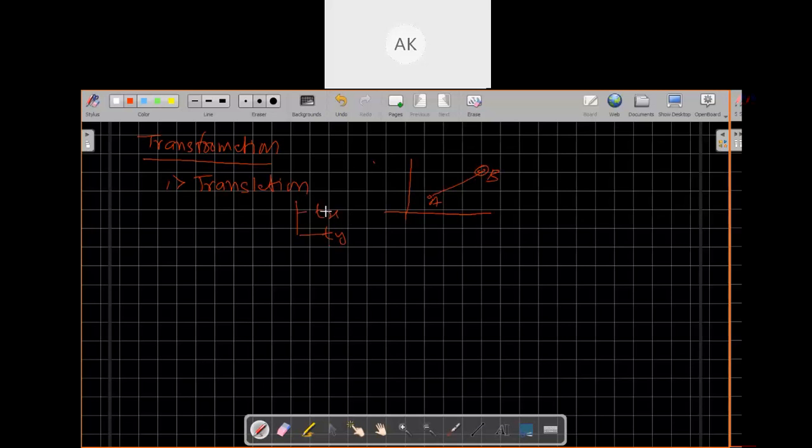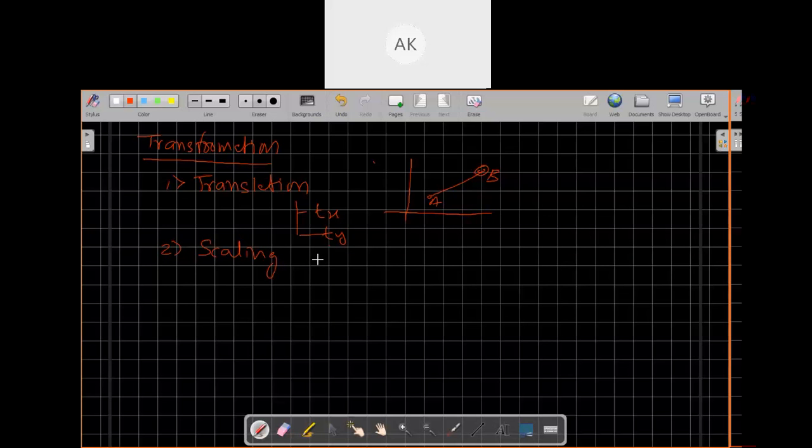The first transformation is translation. Translation means we are just changing the position of the object from location 1 to location 2, or location A to location B. For translation we use two parameters, tx and ty.